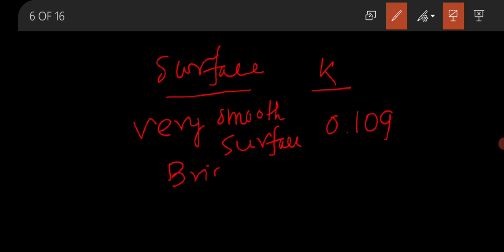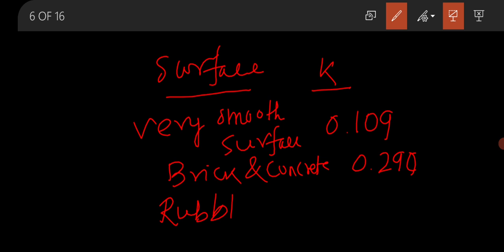For brick and concrete surface, the value is 0.290, and for rubble masonry surface, the value of K is 0.833.